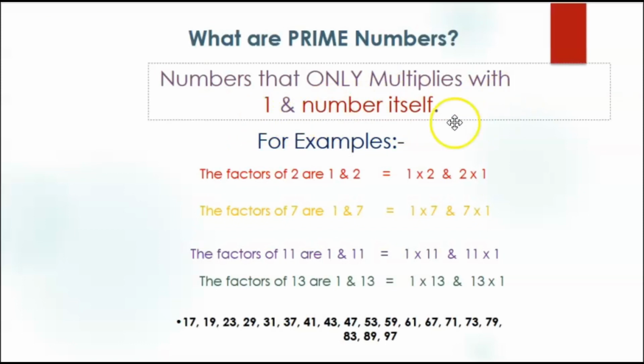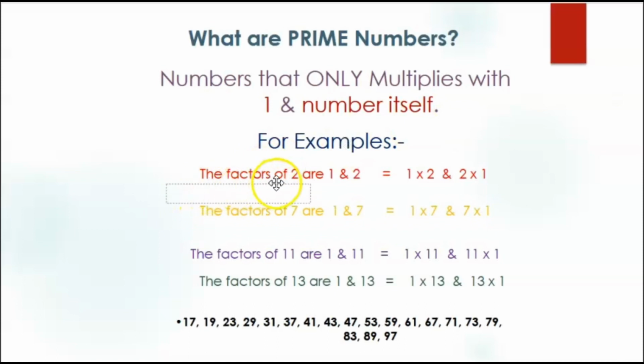Let's look at a few examples. The factors of 2 are 1 and 2. The factors of 7 are 1 and 7. The factors of 11 are 1 and 11.